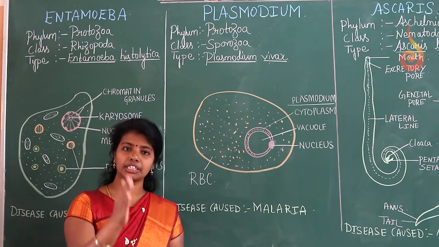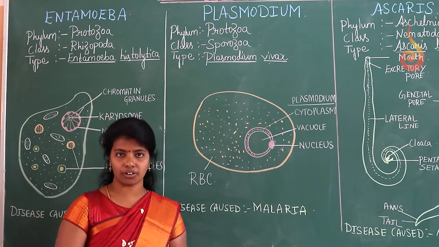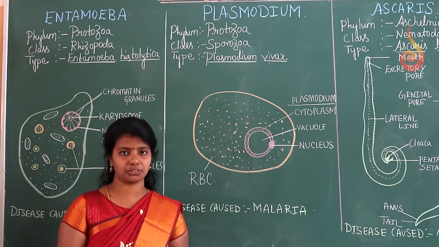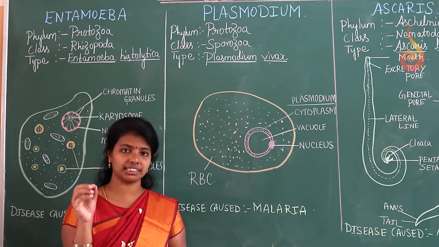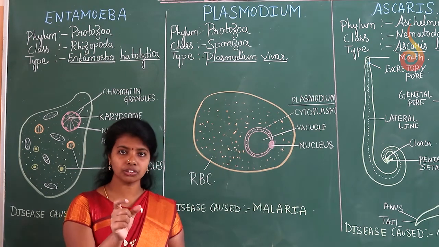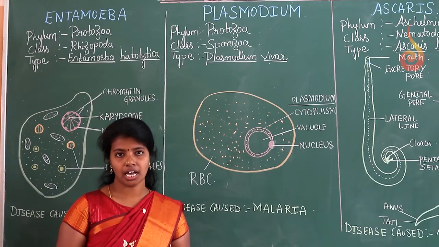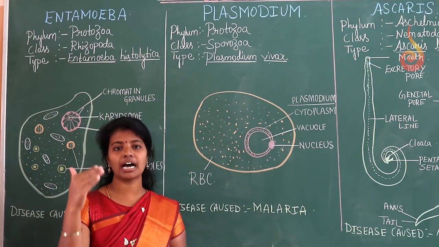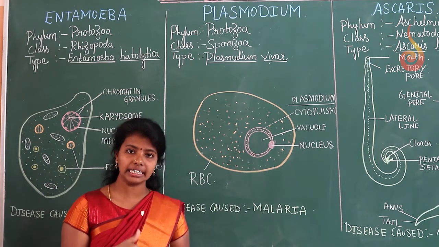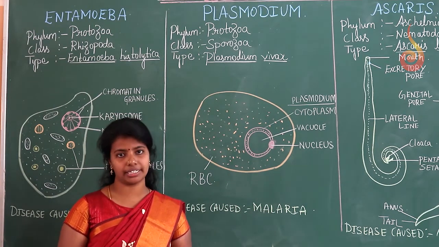Through the mosquito bite, the Plasmodium enters the human bloodstream at its infectious stage called the sporozoite. So the sporozoite is the infectious stage of Plasmodium.